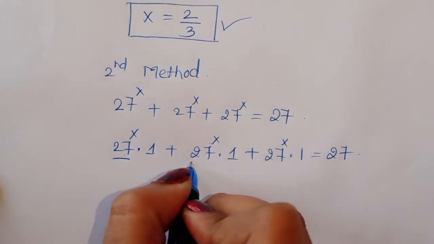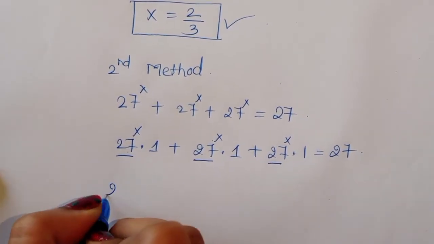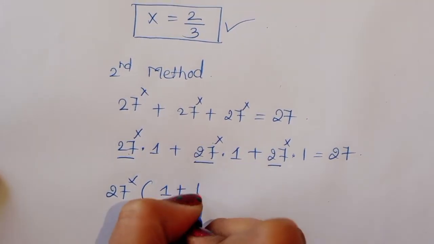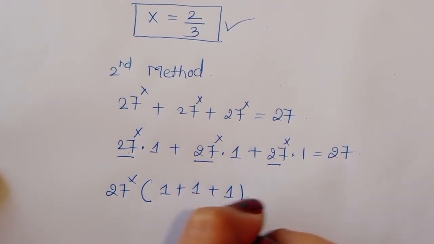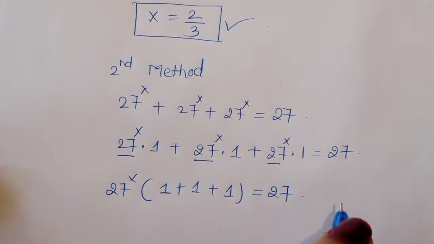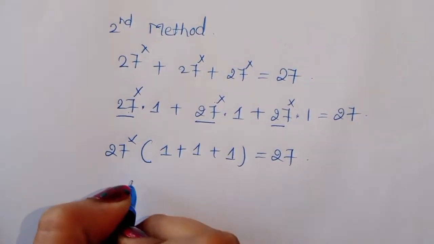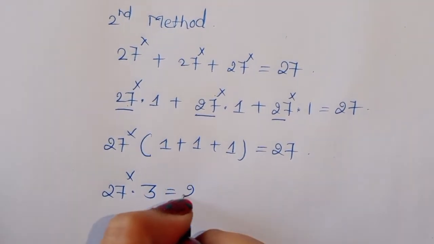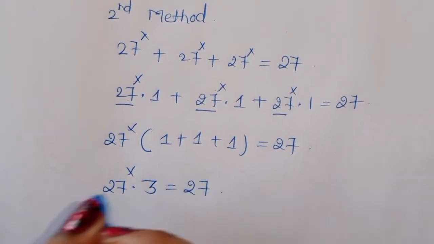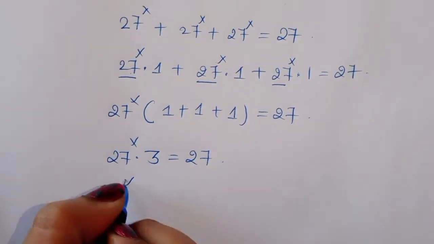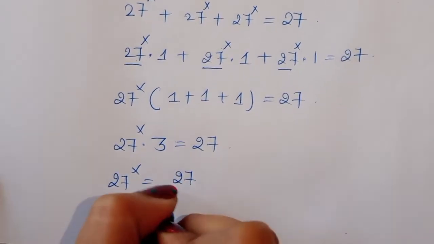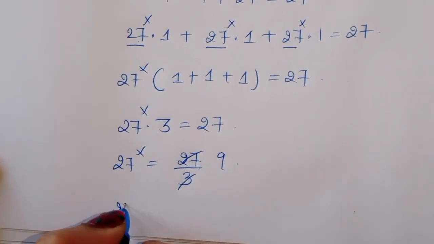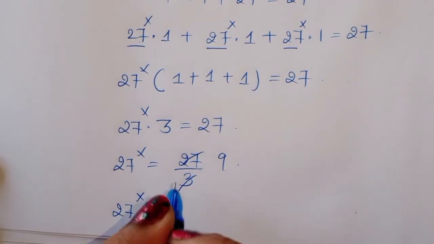Now taking 27 power x common, then 1 plus 1 plus 1 is 3, so 27 power x times 3 is equal to 27. Now 27 power x is equal to 27 divided by 3. 3 nines are 27. 27 power x is equal to 9.